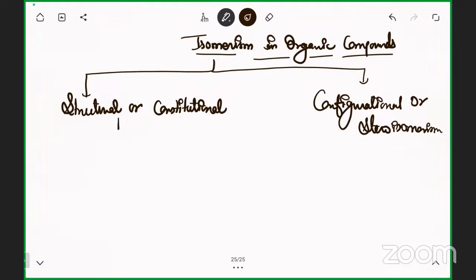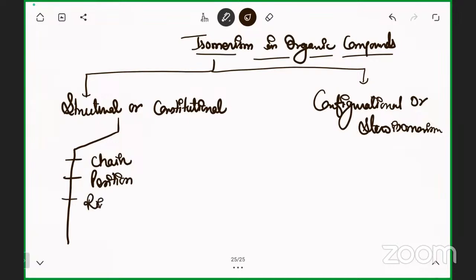If I divide structural isomerism, it is divided into categories. First one is chain isomerism. Second one is position isomerism. Third one is ring chain isomerism. Fourth one is functional isomerism. Fifth one we have metamerism. And then we have tautomerism.